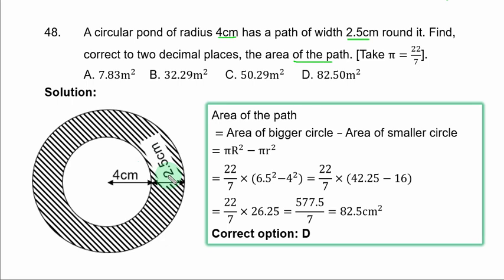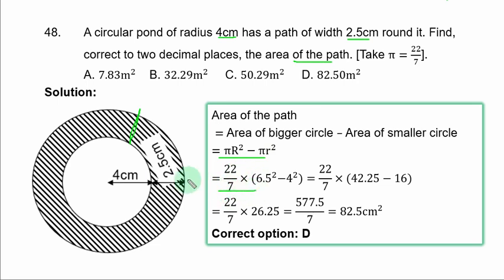So area of the path, that is the part you have here, is area of bigger circle minus area of smaller circle, that is pi capital R squared minus pi r squared. You can factor out pi, which is 22/7, times the bracket.